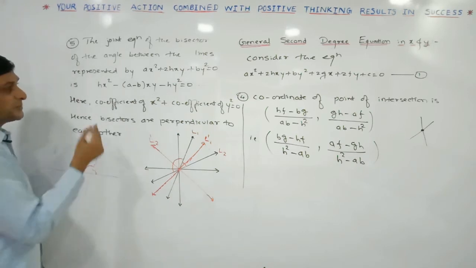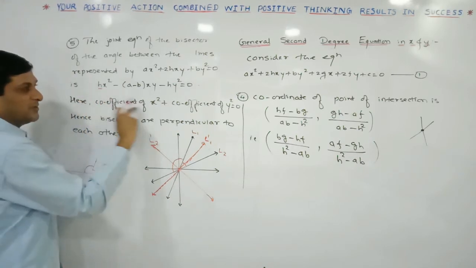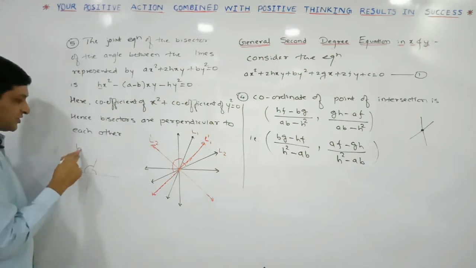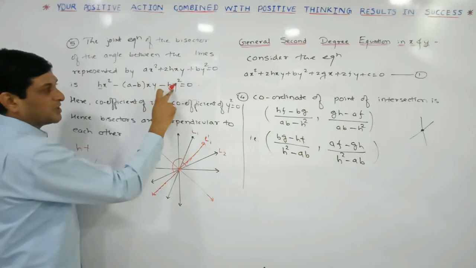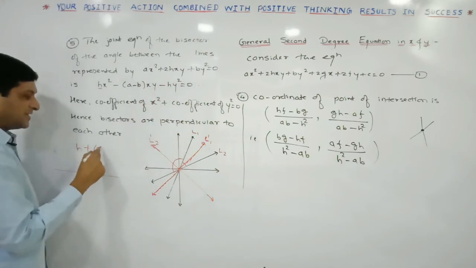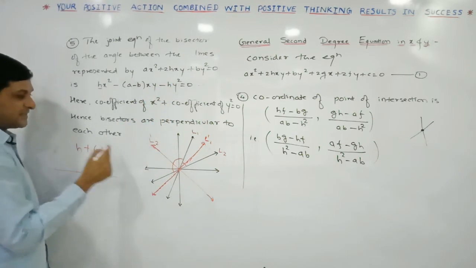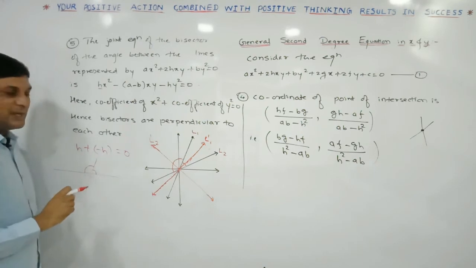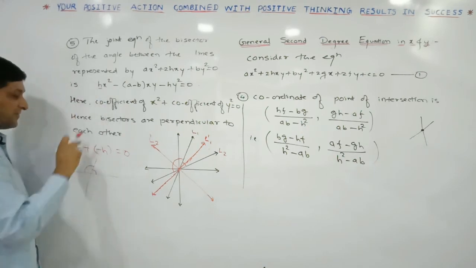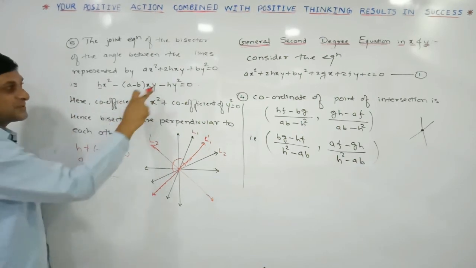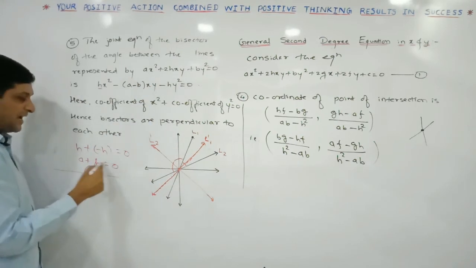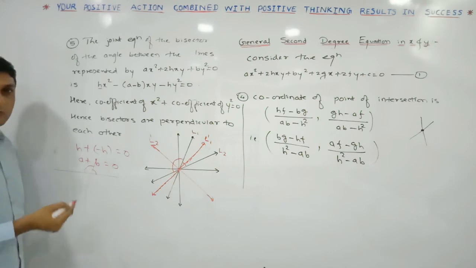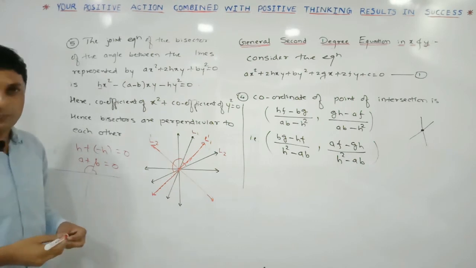Here we can observe that the coefficient of x square is h, plus the coefficient of y square, which is minus h. And what is the addition of plus h and minus h? Definitely 0. This coefficient of x square we denote by a, and this minus h, the coefficient of y square, we denote by b. And we know that if a plus b is equal to 0, then the lines are perpendicular.